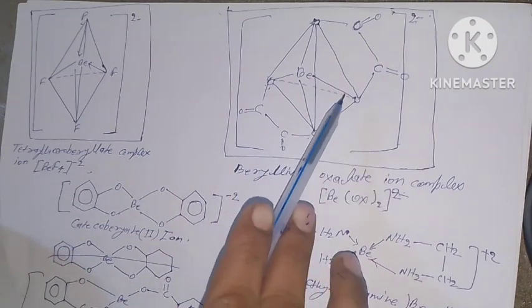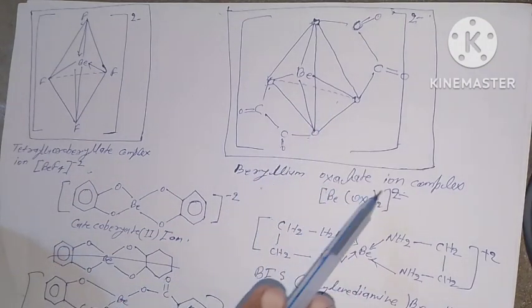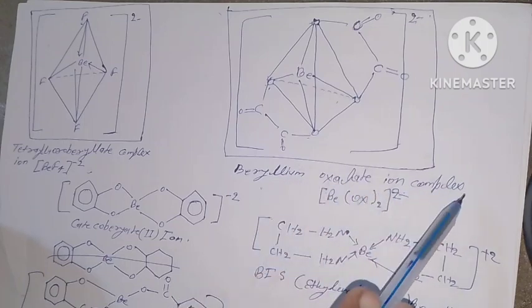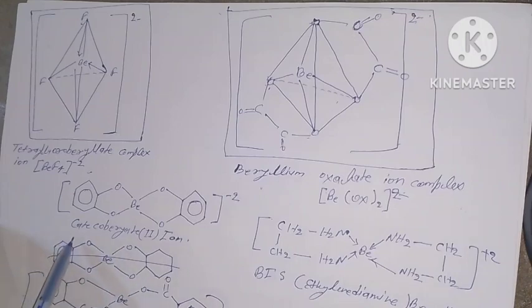And this is the beryllium oxalate ion complex. This is the catecholberylate 2- ion.